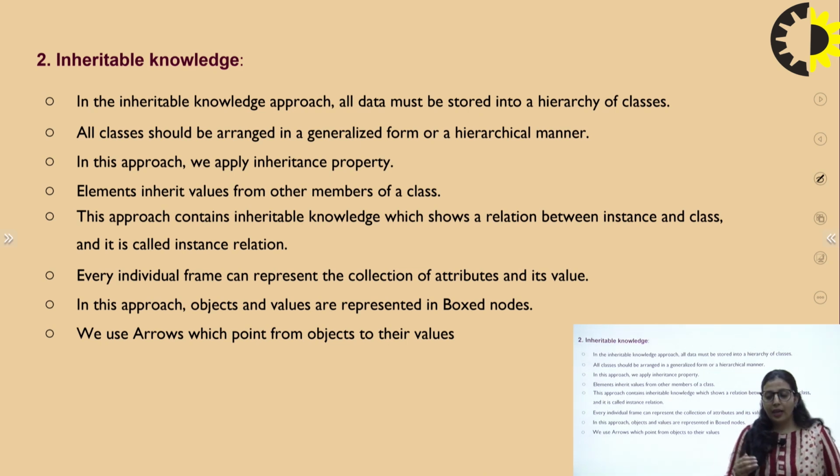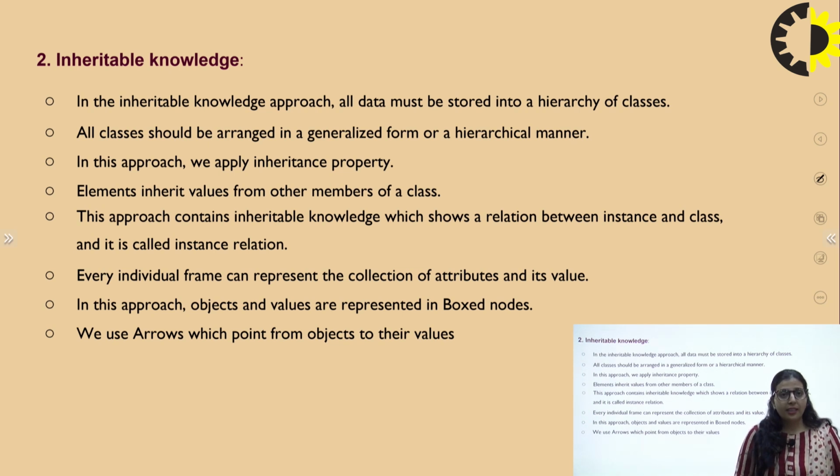It tells us the instance relation between the object and its entities or its values. So, every individual frame can represent the collection of attributes as well as its values.